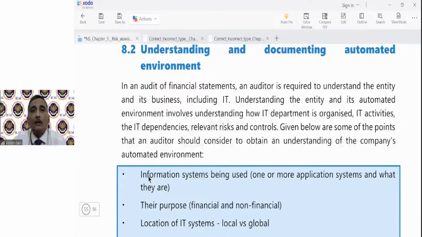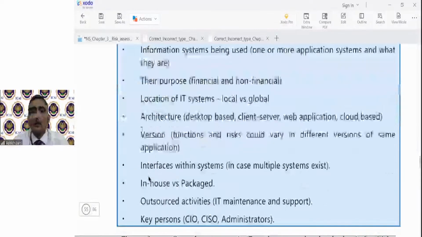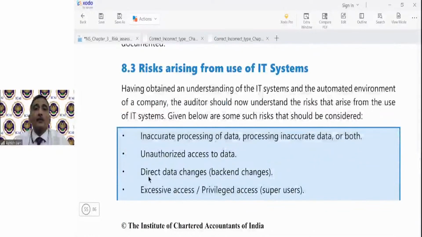Okay, so these days, with the advent of IT in the recent past, it has become a very crucial area. So students, now we discuss the risks arising from the use of IT systems. So far we have discussed the benefits which can arise from IT systems, but what are the risks which arise from the use of IT systems?